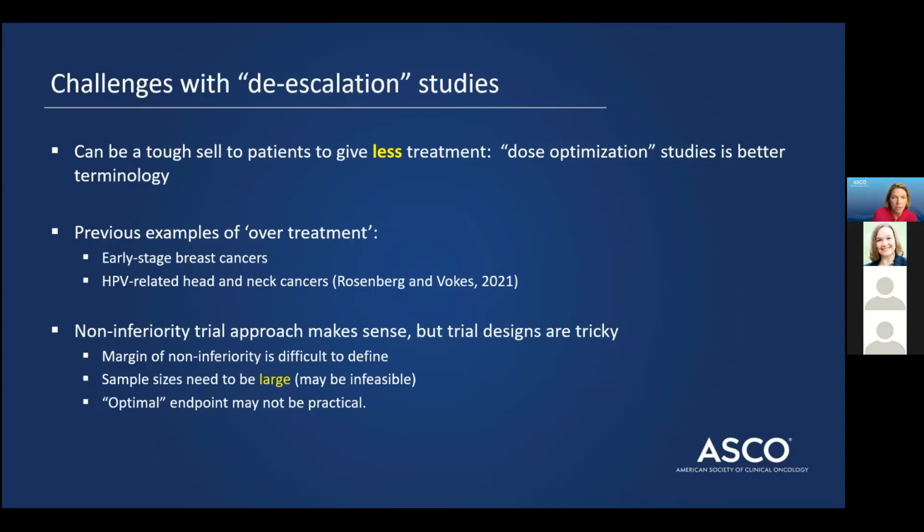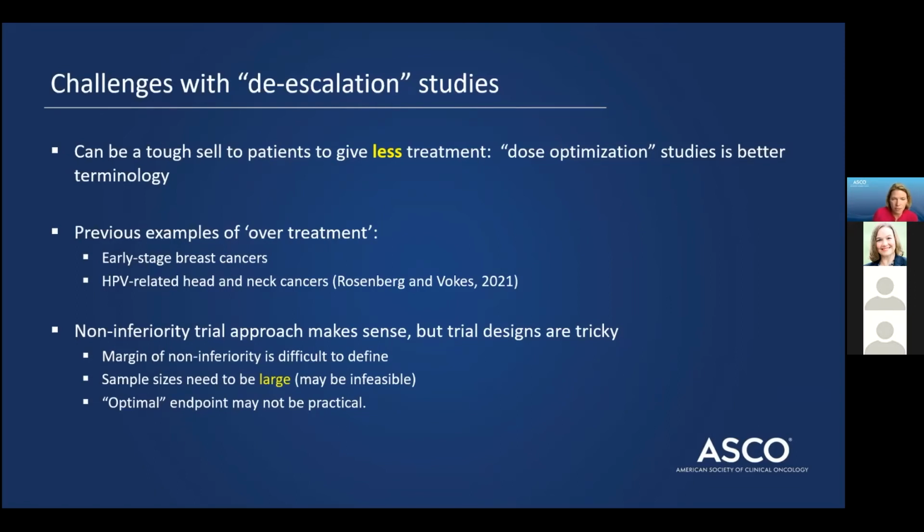And we've seen examples of this done in breast cancer and in HPV-related head and neck cancers, recognizing that a lot of these patients were really being over-treated for the kinds of cancers that they had.